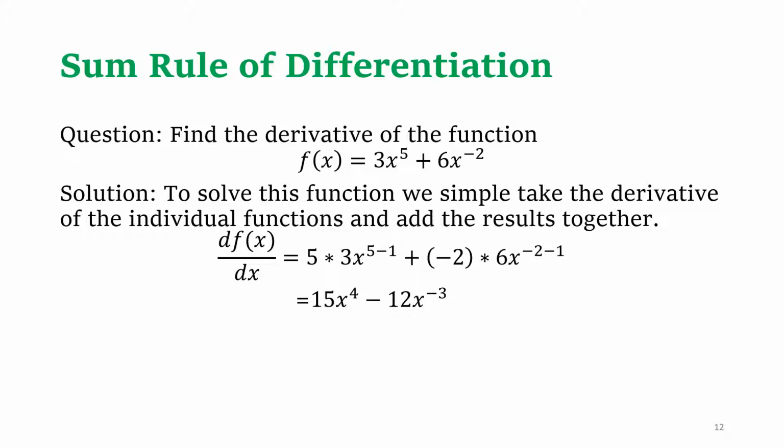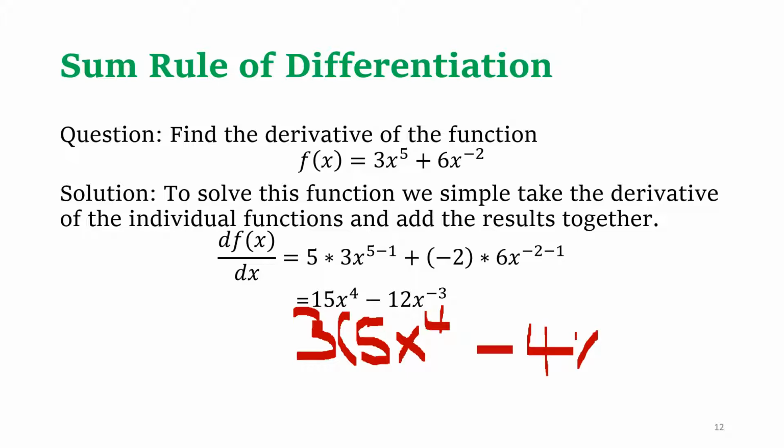Here, 3 is common. 3 is common, right? So 3, brackets, 5x to the power 4, and then minus, now 12 divided by 3 is just 4, x to the minus 3, right?